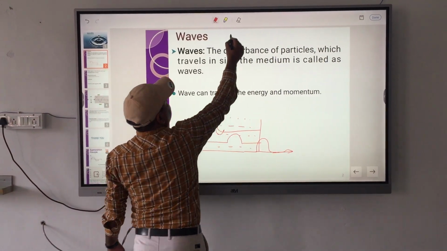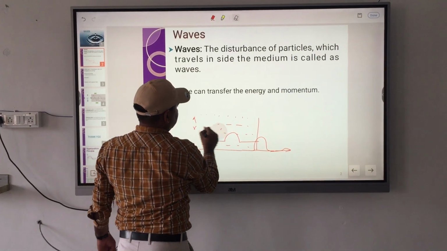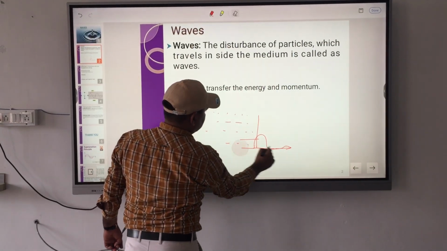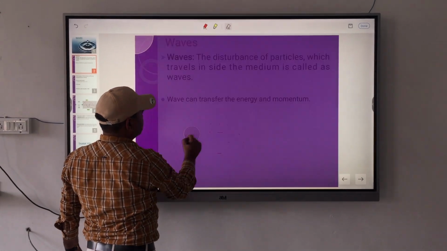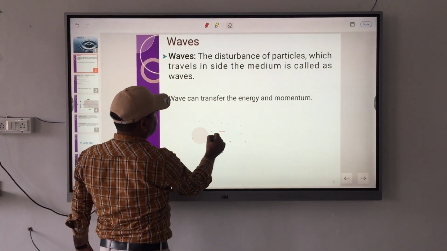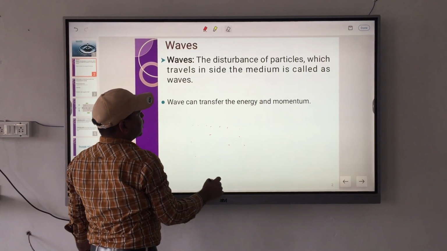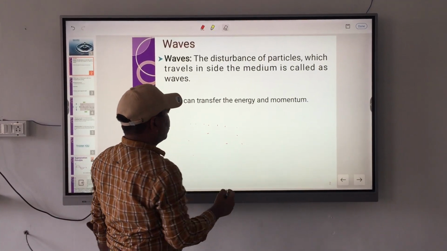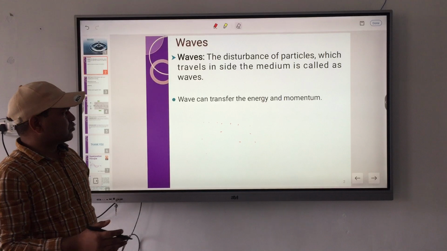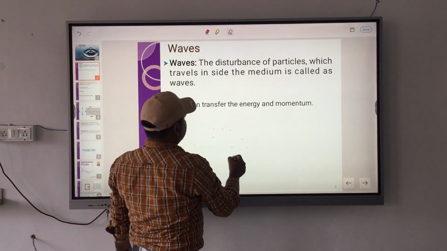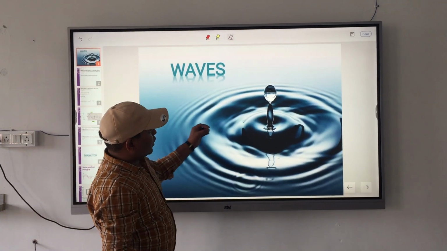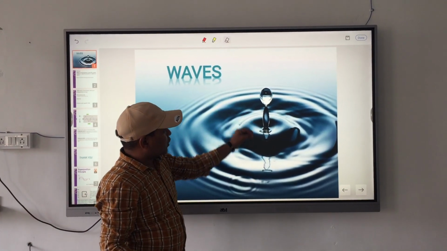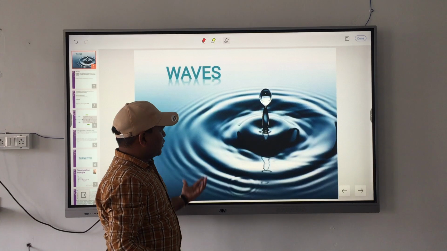Or in the other way we can say that if we throw one stone inside the water, then waves will form.